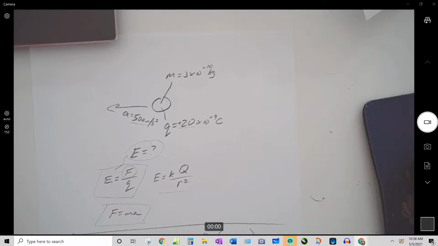Jackson, I'm an order of magnitude different. Let me check my calculations again. Okay, so Clarity got the same thing. Maybe I'm the screwy one here.